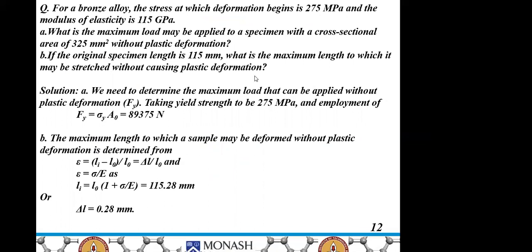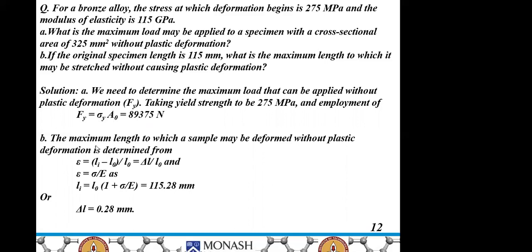We need to determine the maximum load that can be applied without plastic deformation. So we need to determine Fy, the yielding load, which is equal to sigma y times A0. It comes out to be 89,375 Newton.